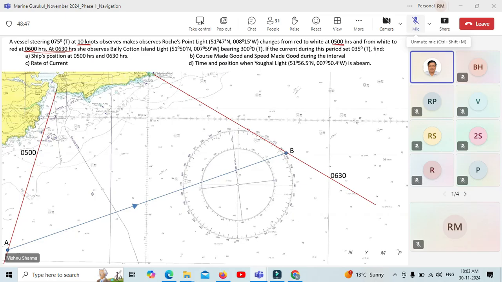Distance will be 10 miles, so you cut off 10 miles from A and get point C. Likewise, from B, you will mark D based on the distance for the interval between the second and third PL, which is half an hour. Distance will be 5 miles. So from B, you mark point D.